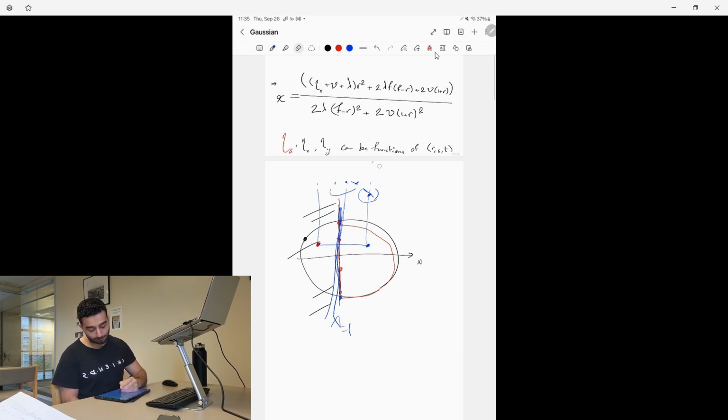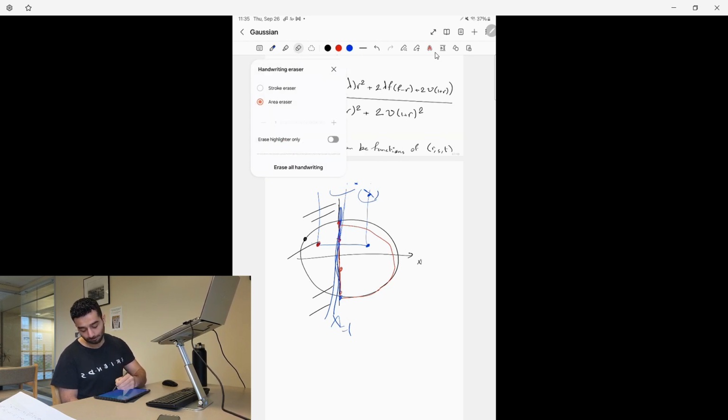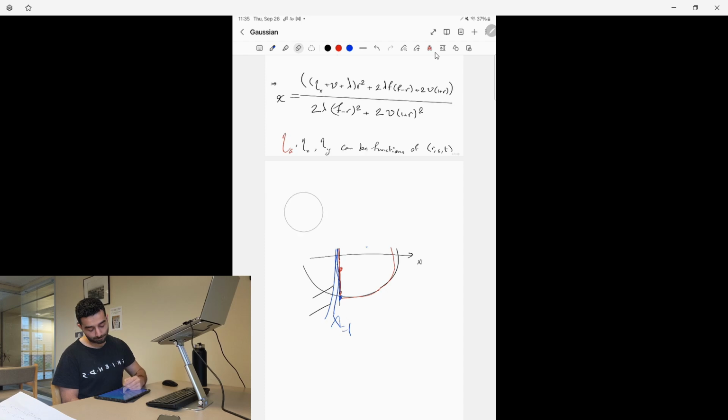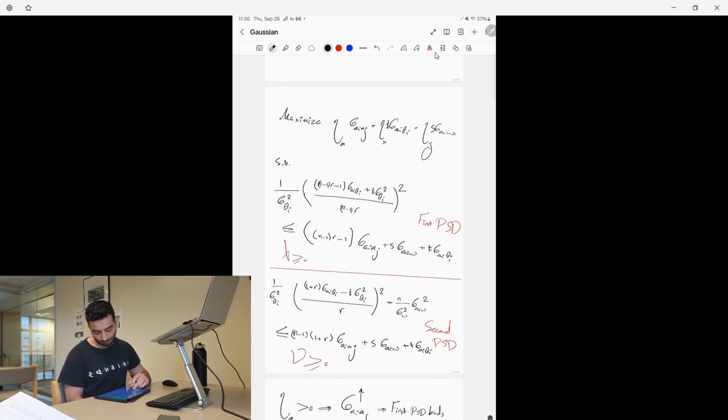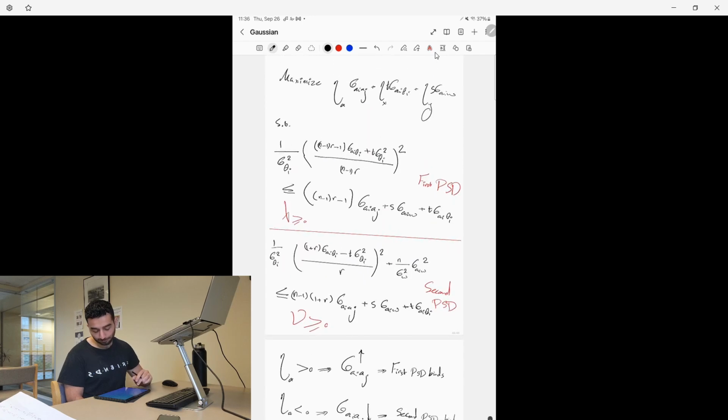What if x less than 1? Then x equals 1. Let's take a look at our constraints.